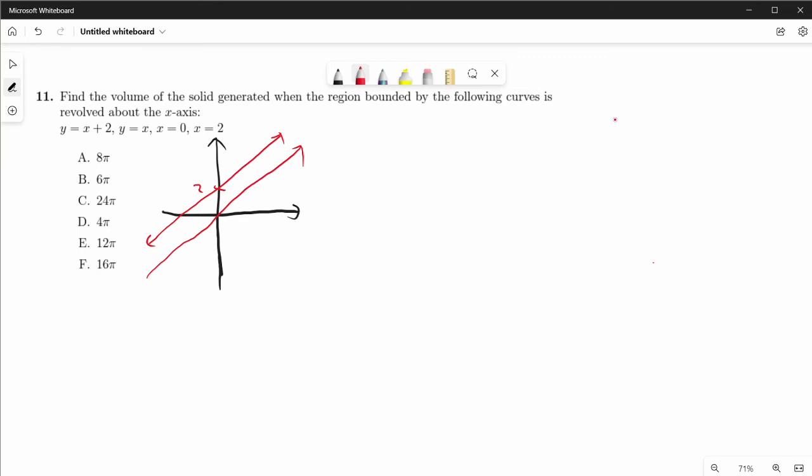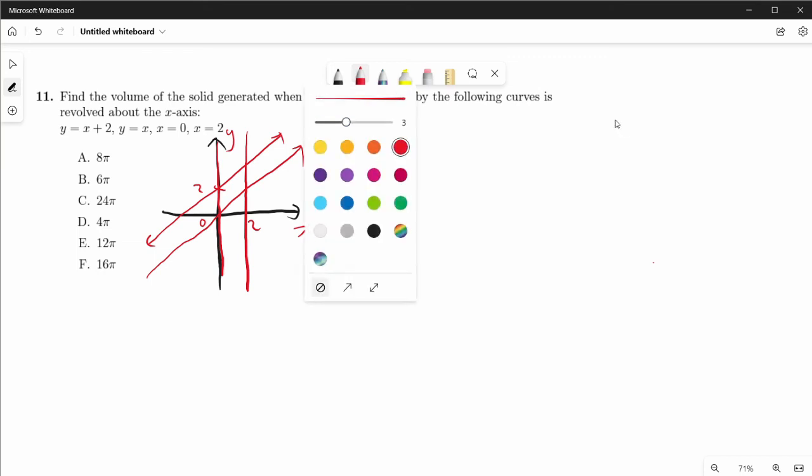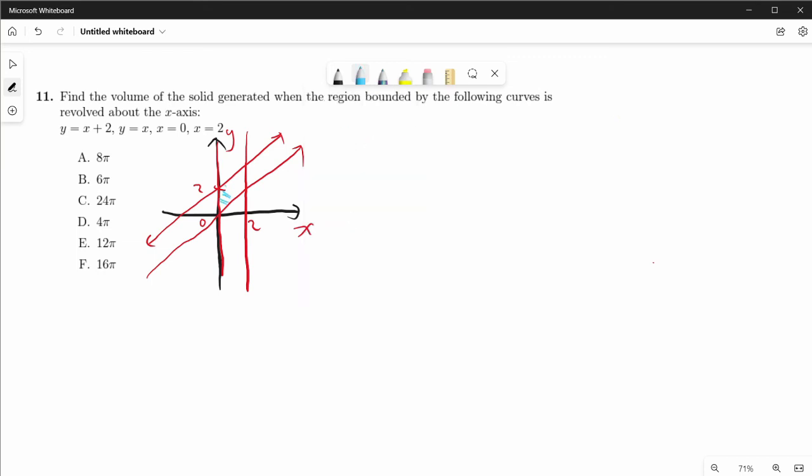And then there is the vertical line, x equal to 0, and x equal to 2. So our limit of integration, if we're doing dx, will be 0 to 2. And it's really just this region here, flipped over, rotating around.